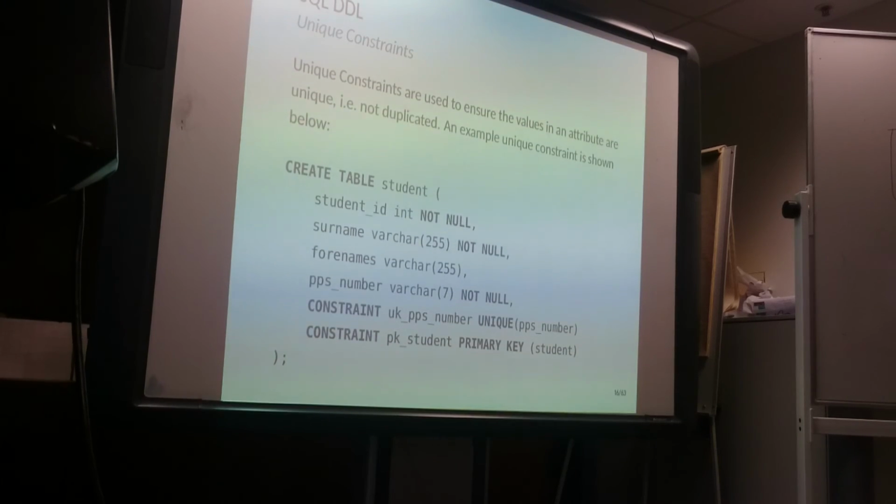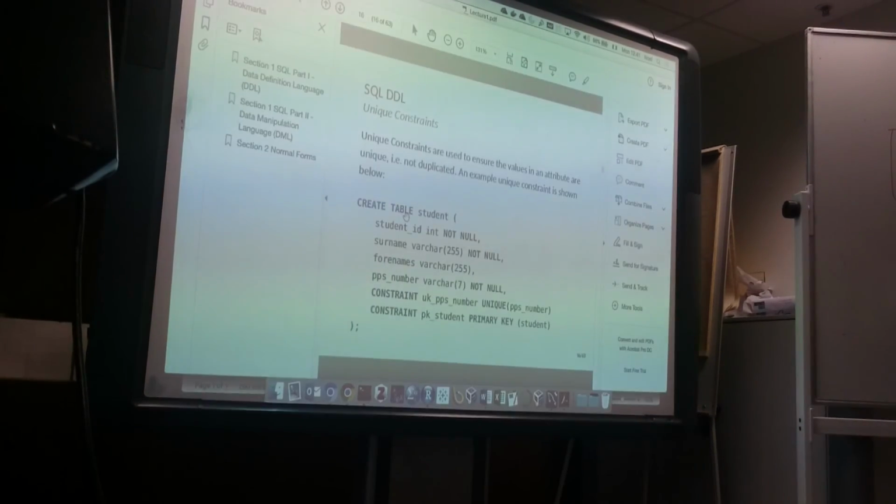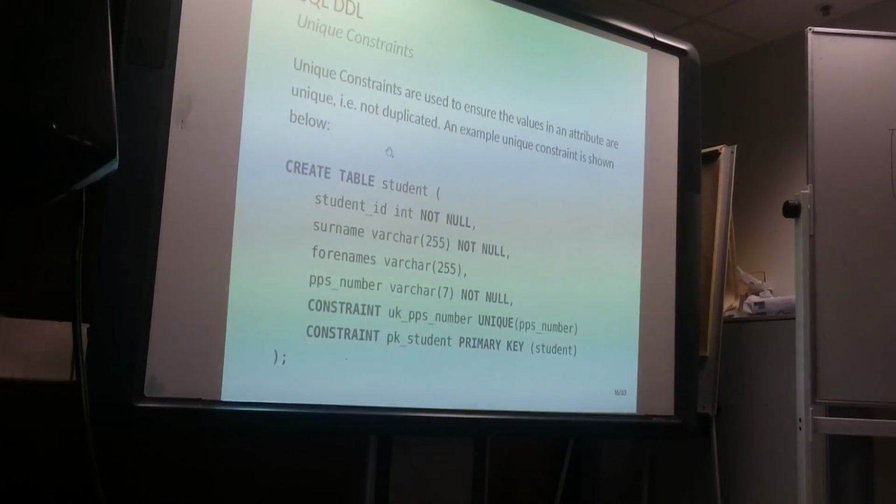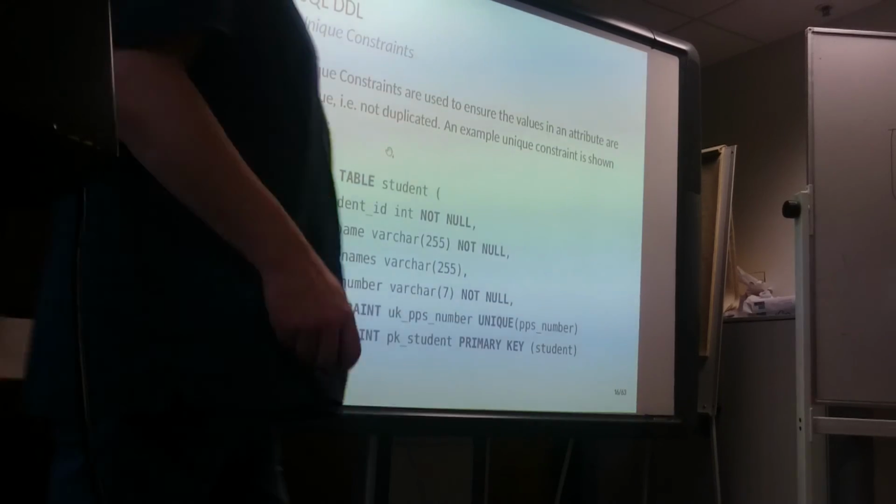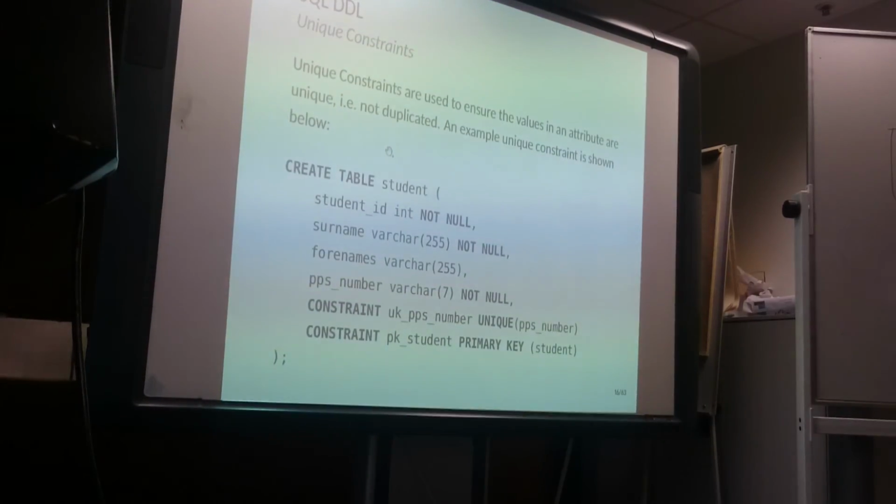So has everybody got what a check constraint is? It is a condition that must be met for a particular column before the data can be saved.